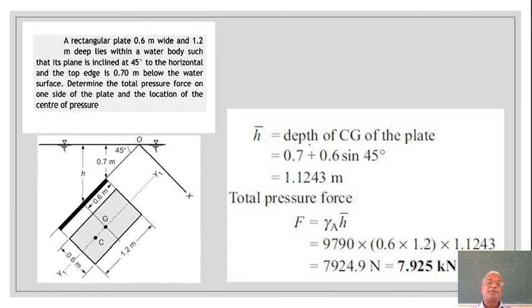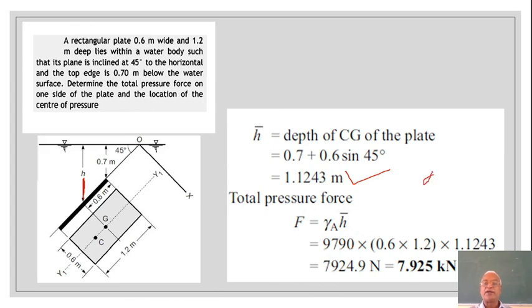Here I have written h bar is given by 0.7 plus this extra distance, which is given by 0.6 sine 45, and it becomes 1.1243, and total pressure force will be given by gamma A h bar. Gamma is taken as 9790.